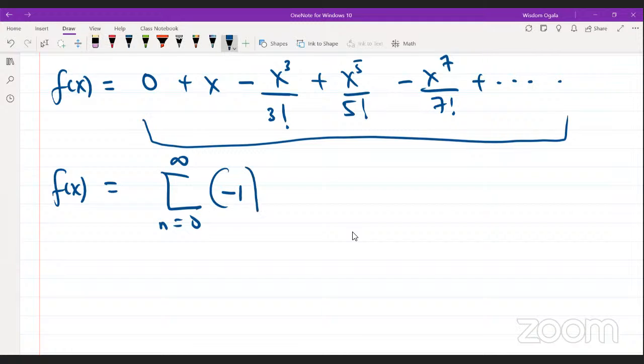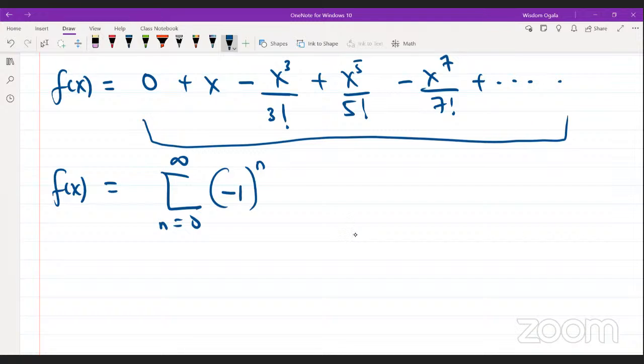It can be n, it can be n-1, but I need to know what it is. Suppose it is just n. When n is 0, you have 1. When n is 1, you have -1. When n is 2, you have +1, and that keeps going. So this is fine.